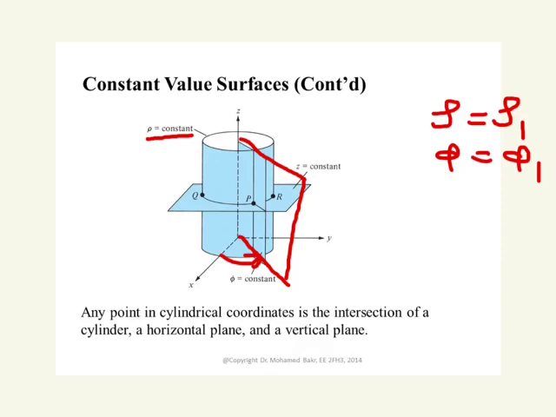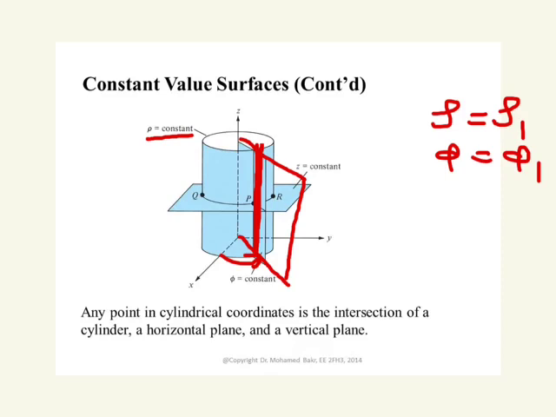So it's a plane that makes an angle phi with the x-axis. So when you intersect this plane with the constant rho cylinder, you get a vertical line like this one here. I'm sorry, I'm trying to draw it; it's not very accurate. It's parallel to the z-axis. It's a vertical line, the intersection between this plane and the constant rho cylinder.